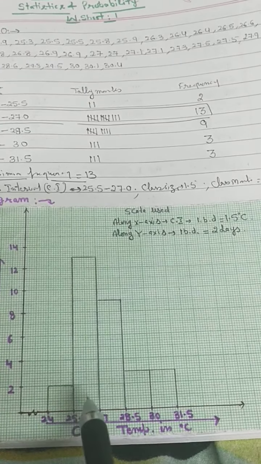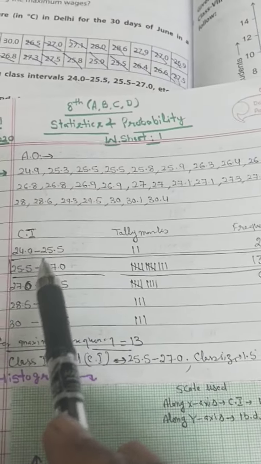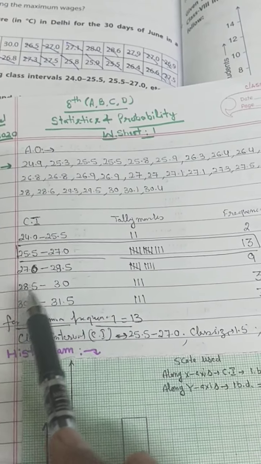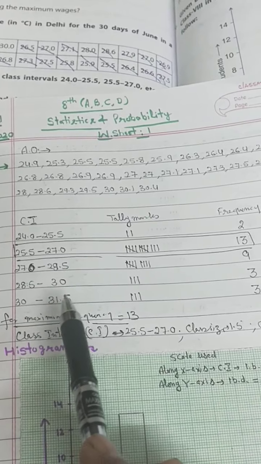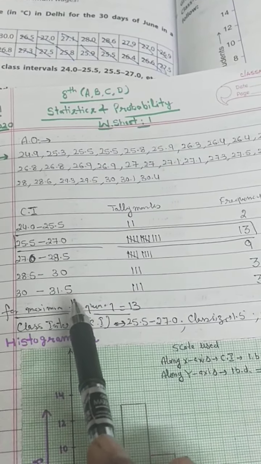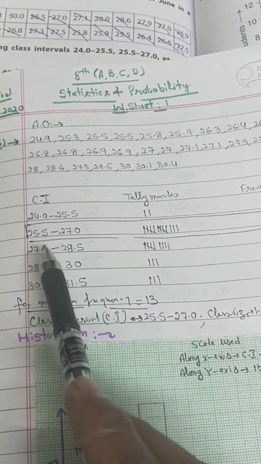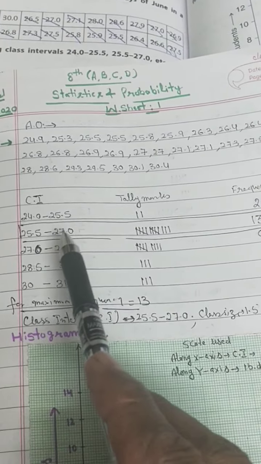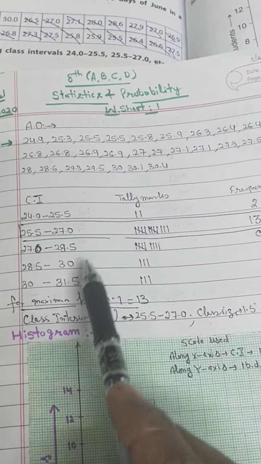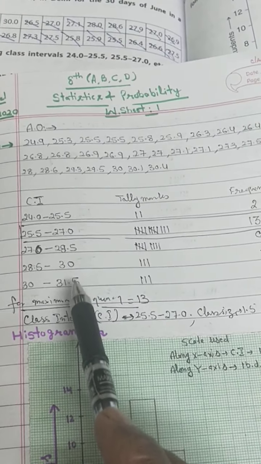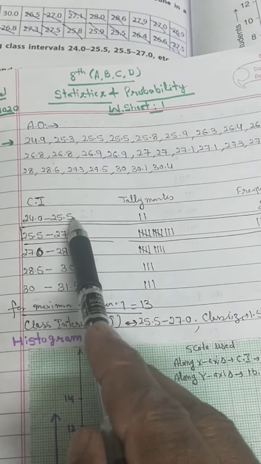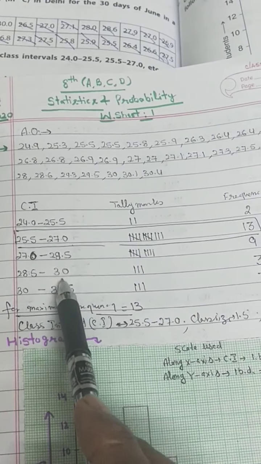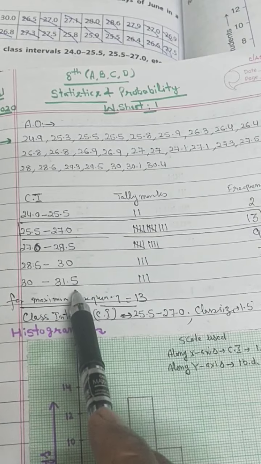First of all, we write 24 to 25.5, 25.5 to 27, 27 to 28.5, 28.5 to 30, 30 to 31.5. The numbers 24, 25.5, 27, 28.5, 30 are lower limits, and 25.5, 27, 28.5, 30 and 31.5 are your upper limits. These are your first, second, third, fourth and fifth class intervals.